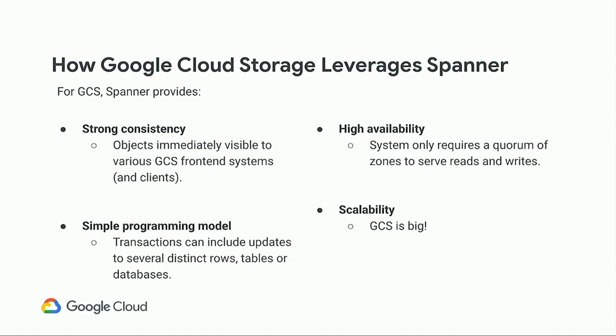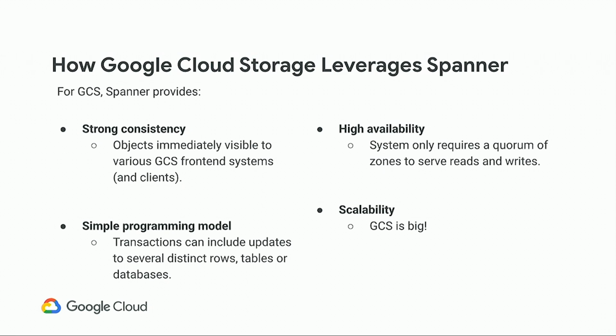So I would say that Spanner provides 4 key differentiating features that are critical for GCS's implementation and critical for GCS's use case. And the first one is strong consistency. What that means for us in our implementation is that when we do mutations into our Spanner databases, those updates are immediately visible to all of GCS's front-end systems.